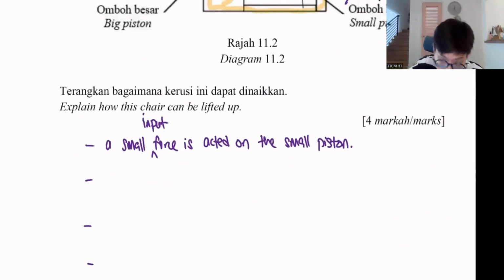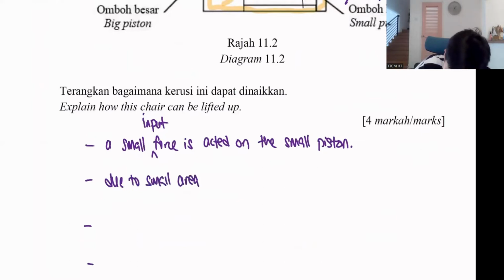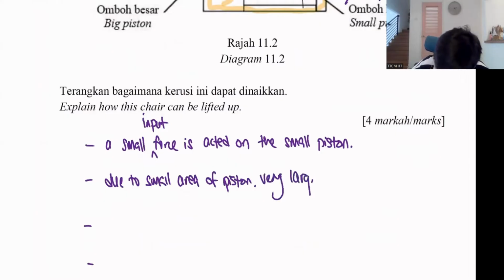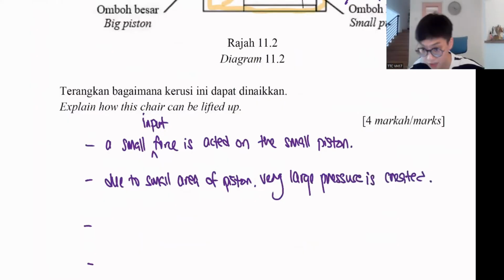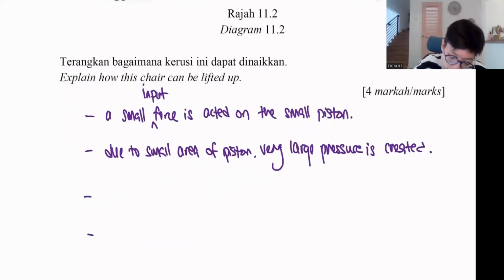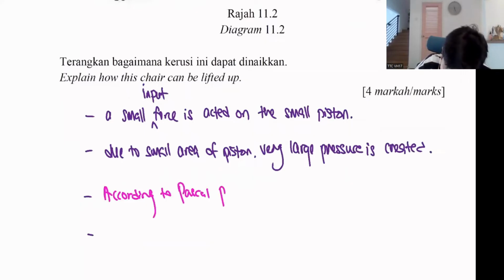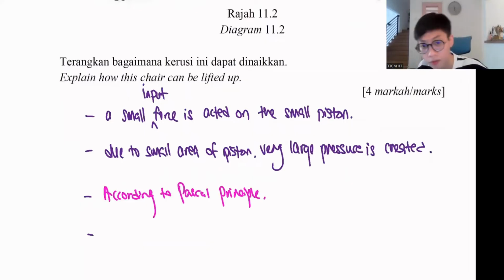A small force is acted on the small piston, so due to the small area of the piston, a very large pressure is created, or you can say is transmitted. Then we can say, according to Pascal's principle.